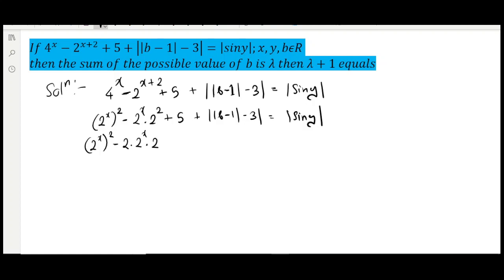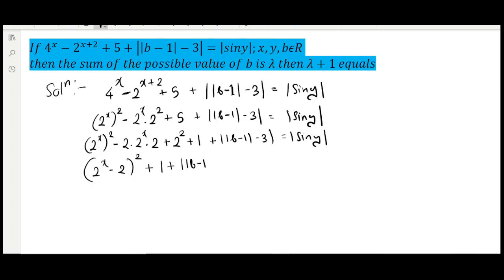We are trying to make a perfect square: a square minus 2ab plus b square, which is 2 square here. We take 2 square from the 5, then only 1 remains, and the remaining equation is as it is. So this will be (2 raised to power x minus 2) whole square plus 1 plus mod b minus 1 minus 3 is equal to modulus of sine y.